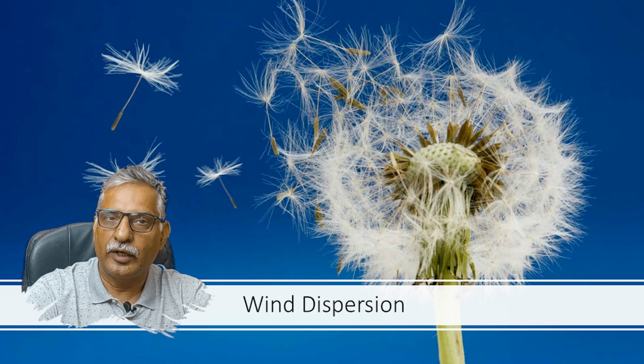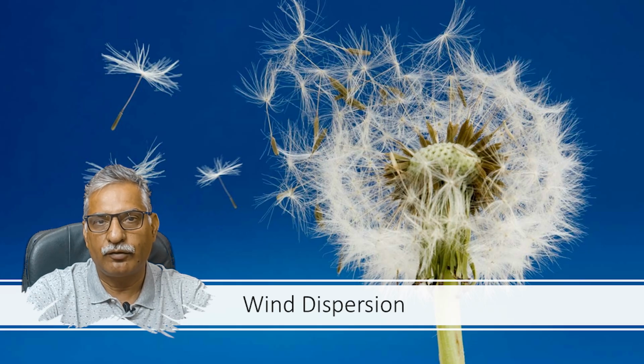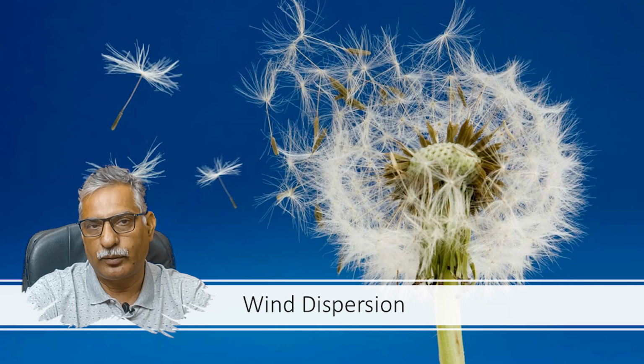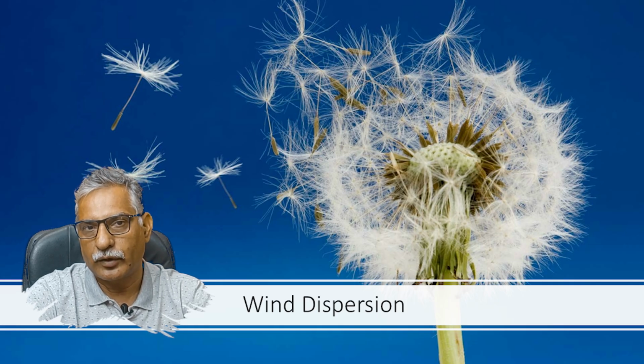If there is wind blowing in any particular direction, that wind disperses the seeds away from the parent plant. And if there is still air, seeds will be thrown in the air and fall sideways around, but a bit distant from the parent plant. So this is known as seed dispersion.